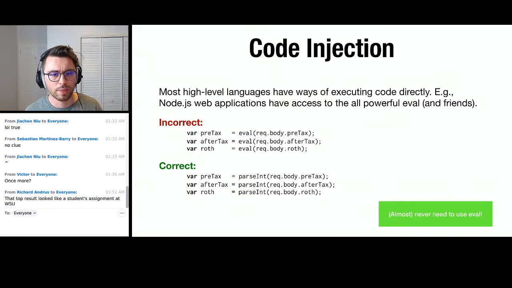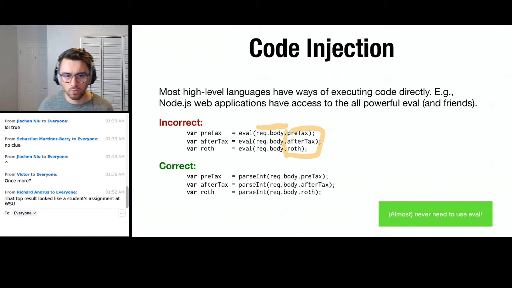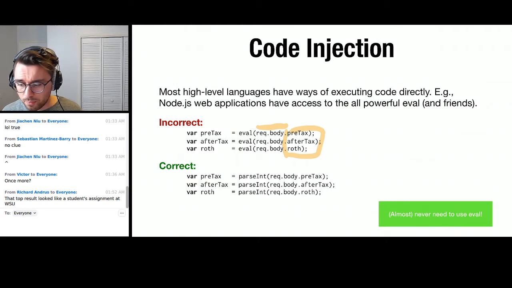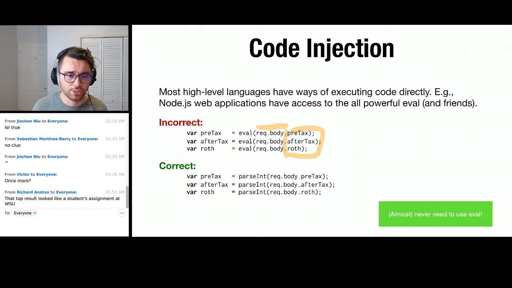For a while, what people used to do with JavaScript is take, say, the request body and parts of that body, like the pre-tax, after-tax, and whatever their auth is. These things are strings because we're getting requests that are basically bytes, so we want to turn these things into numbers. One way to do that is to call eval.